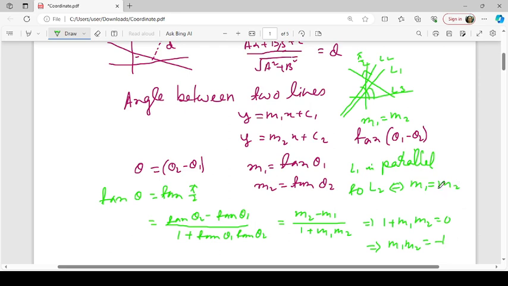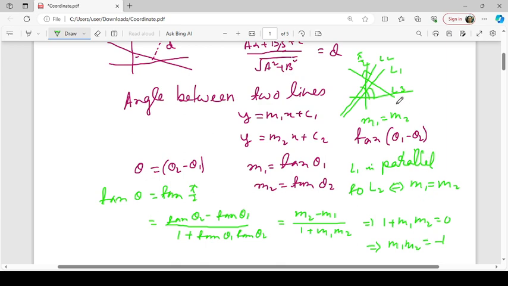From this also we have m1 equal to m2 for parallel: parallel means theta equal to 0, the angle between two lines is 0. So tan 0 is 0. So tan theta 2 minus tan theta 1 equal to 0, so m2 minus m1 equal to 0 means m1 equal to m2. So from this ratio, if theta is 0 then m1 equal to m2, and if theta is pi by 2 then the product is equal to minus 1.